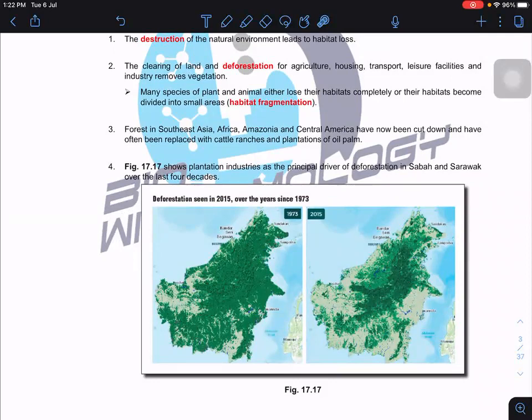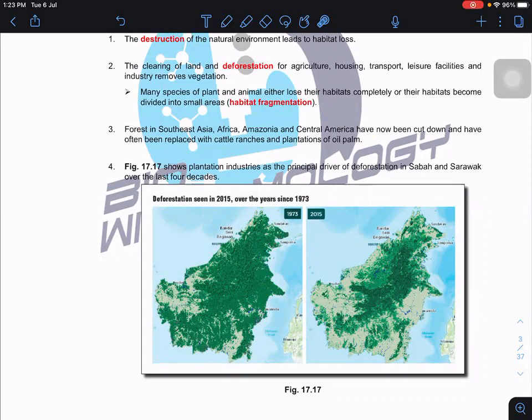It's just at the Borneo Islands, where you can compare 1973 to 2015. The green areas denote the forest, but now you can see a decrease, as tropical rainforests are cleared for oil palm plantations.